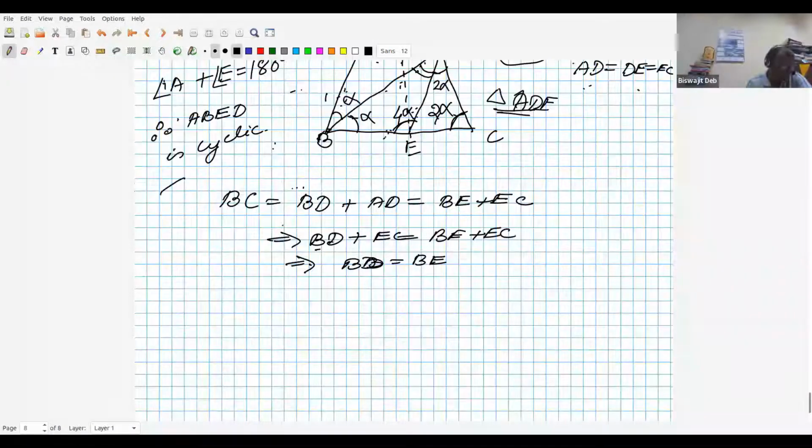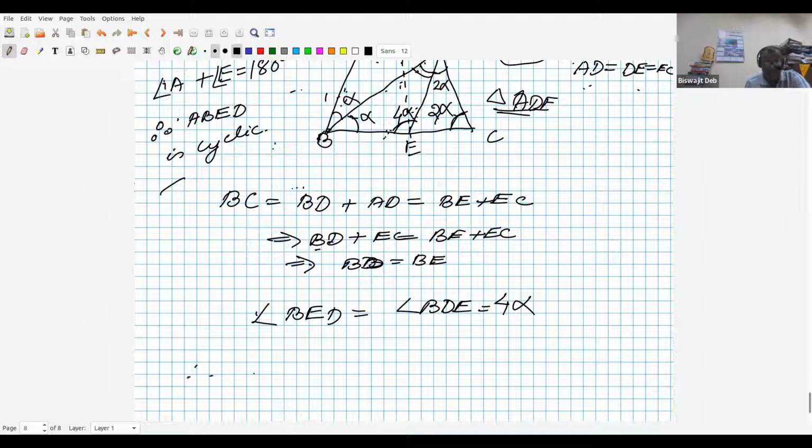So BD equal to DE we are getting. So from here, what can we conclude? Angle BED is equal to angle BDE, and one of them is 4 alpha, so the other one is also 4 alpha.